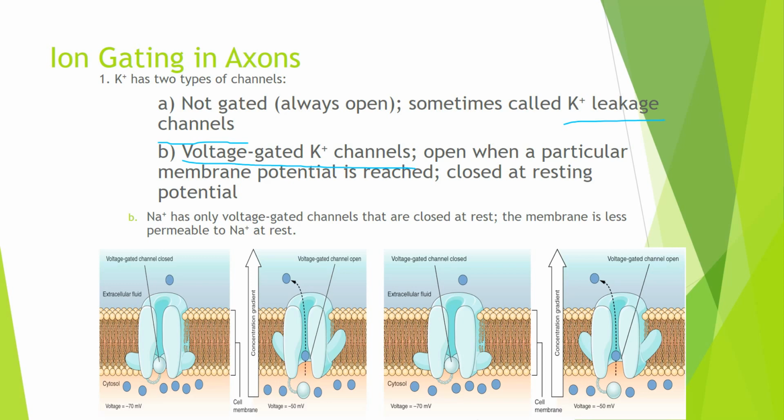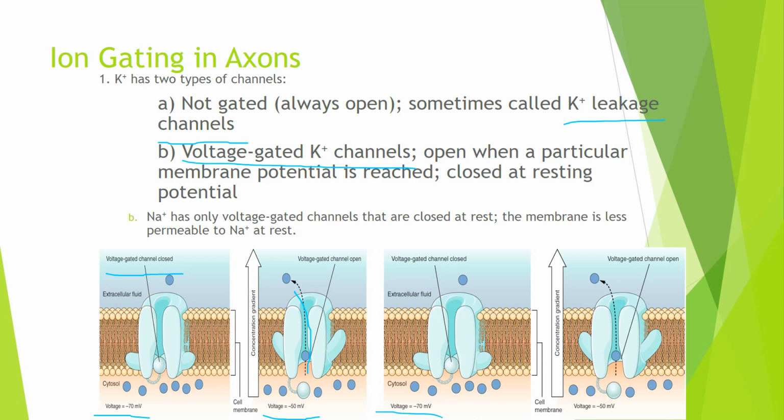And so in this diagram here below, what we have is at a voltage of negative 70 millivolts at rest, this voltage-gated channel is closed. However, when we have a voltage that's more depolarized at negative 50, this will cause that voltage-gated channel to open. Then when we go back to negative 70, that channel will close again.